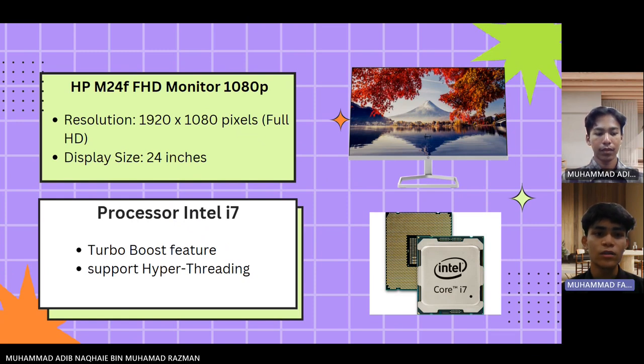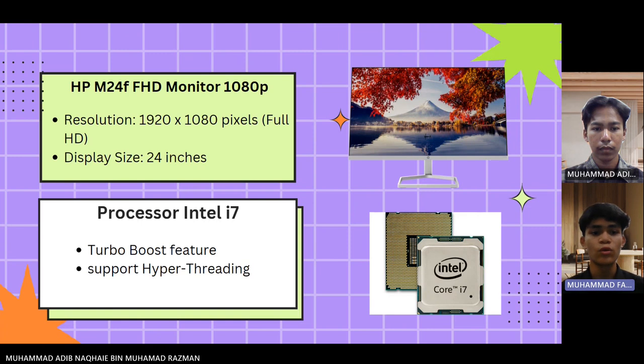Next, for the monitor, we use HP M24f FHD monitor 1080p. Its resolution is 1920 by 1080 pixels, Full HD. Its display size is 24 inches. The processor we use is Intel i7.